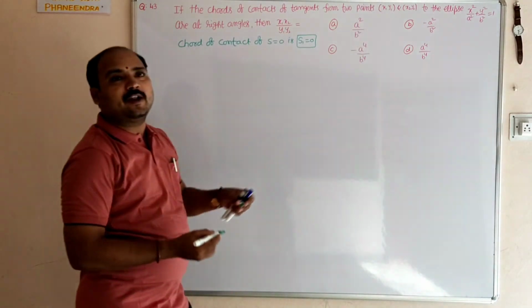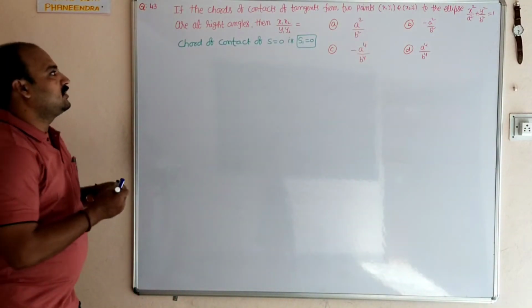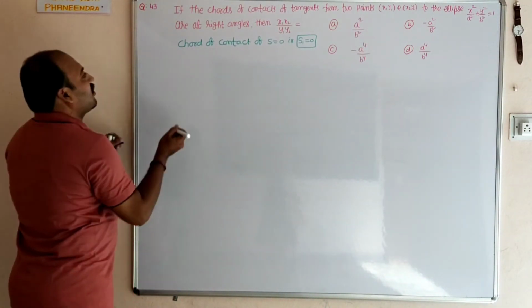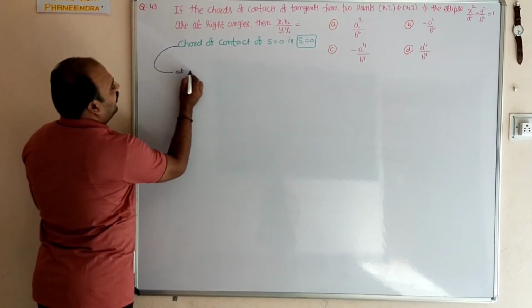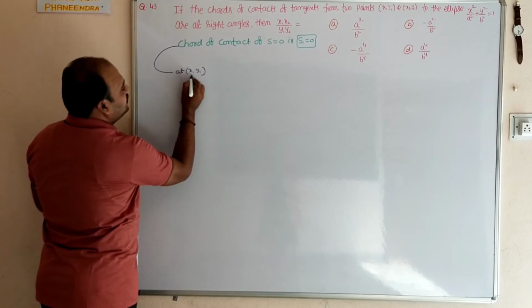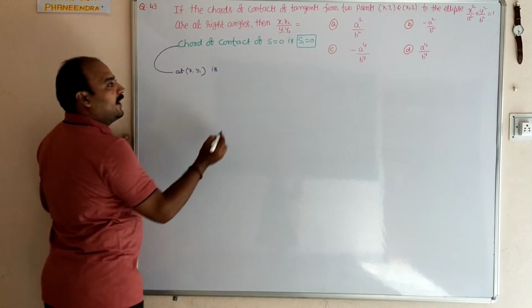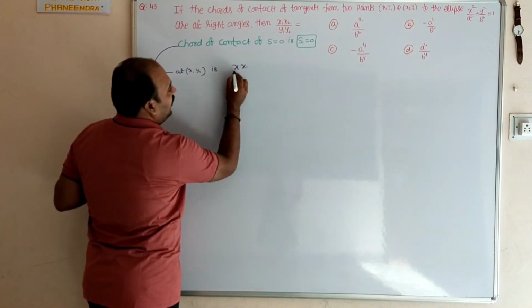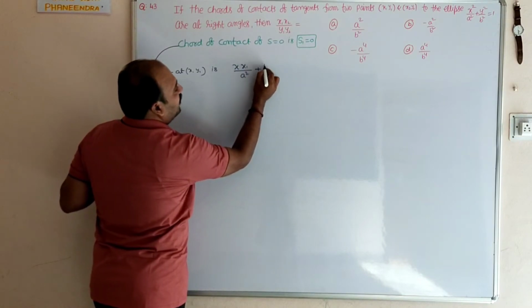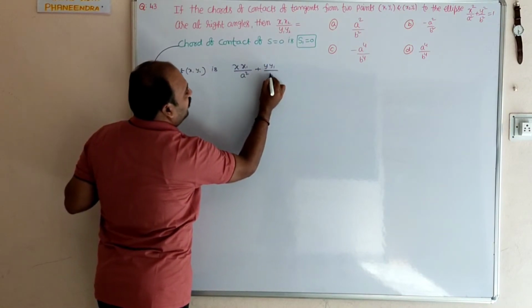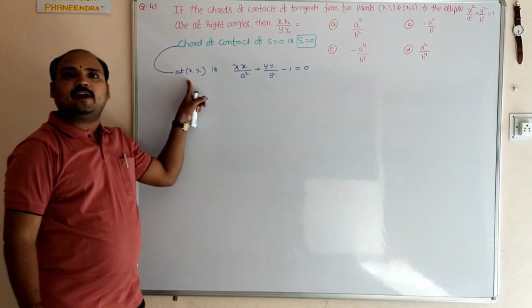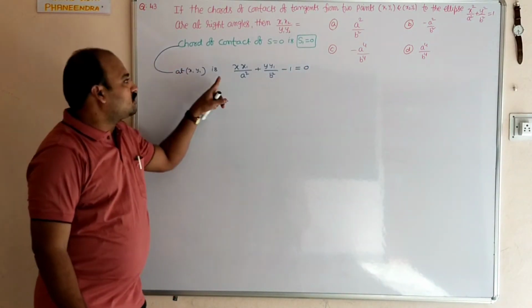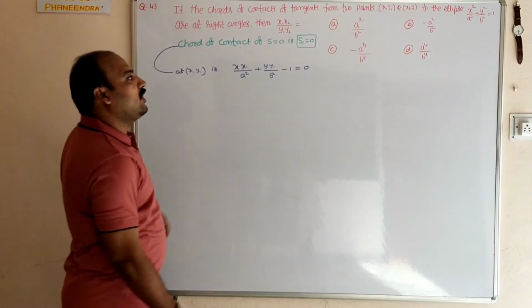So the chord of contact at the point (x1, y1) you can calculate, and at (x2, y2) also you can calculate. The chord of contact at (x1, y1) is x1 by a square plus y1 by b square minus 1 equal to 0. So the slope of this chord of contact you can calculate.